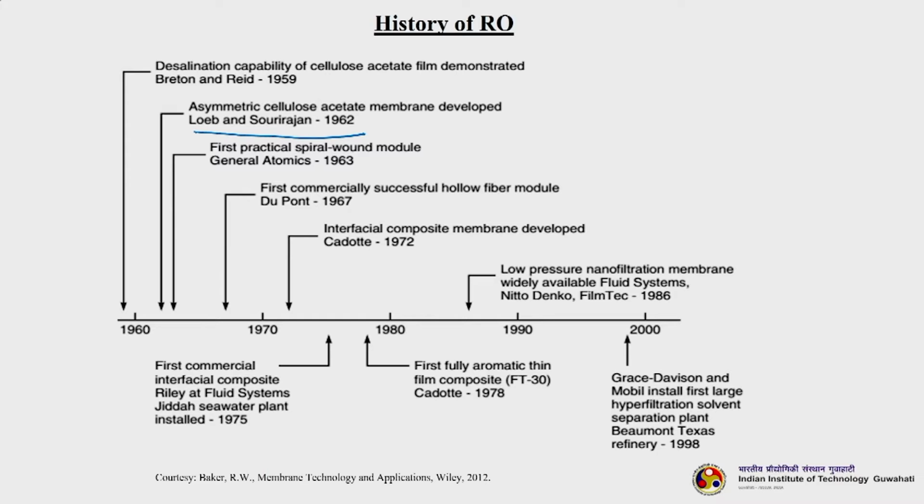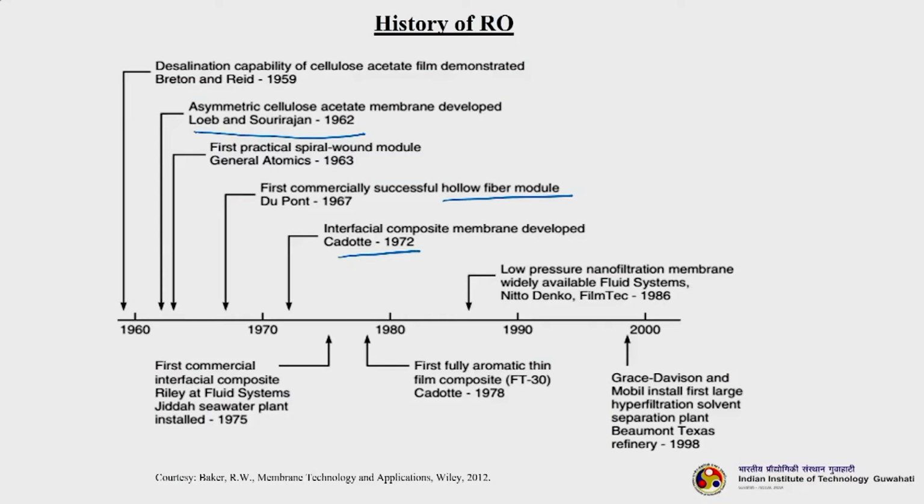Then the first practical spiral wound module was designed by General Atomics in 1963. DuPont successfully fabricated the first hollow fiber module in 1967, and again these were all applied for desalination processes. Then another most important breakthrough came, the interfacial composite membrane development.